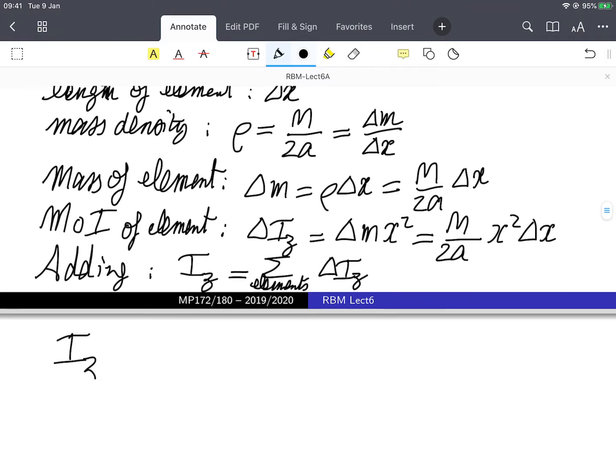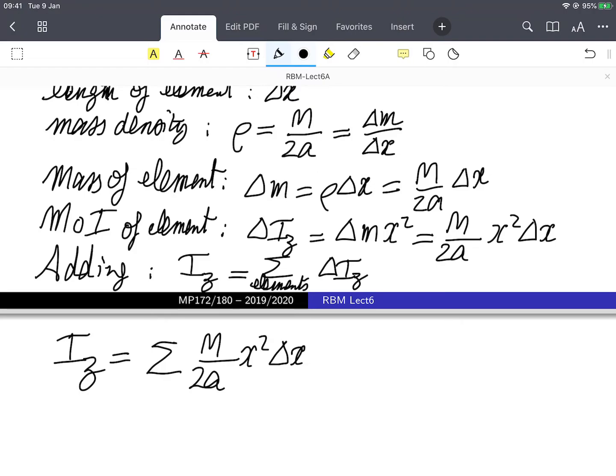So same technique, m over 2a. That's the sum of the area of little rectangles under the curve of this function here, m over 2a x squared.